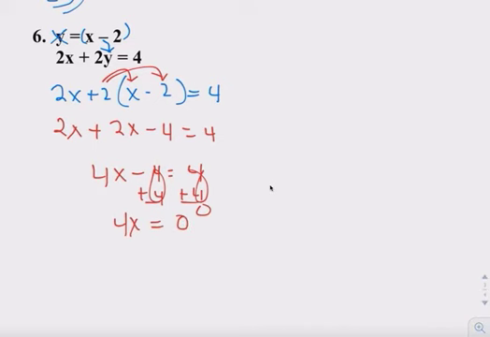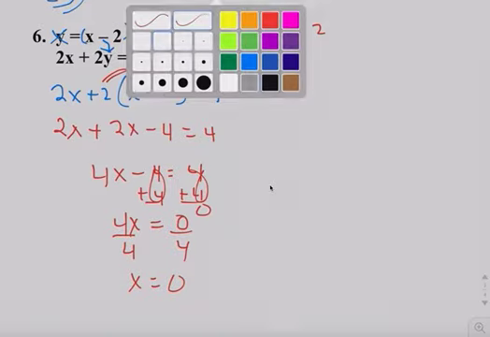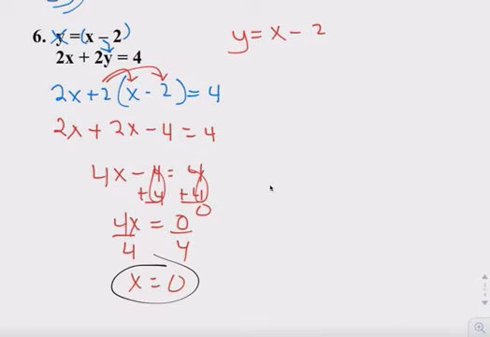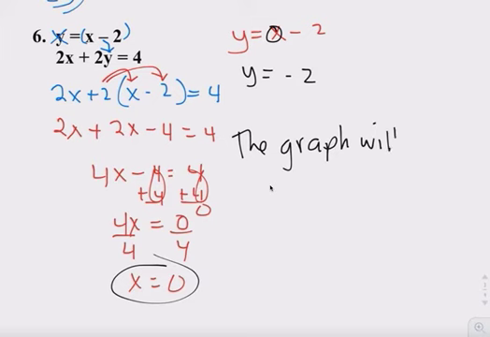X is 0. Yay! 0 divided by 4 is 0. So y equals x minus 2. X is 0, y equals negative 2. So the graphs will meet at 0, negative 2.